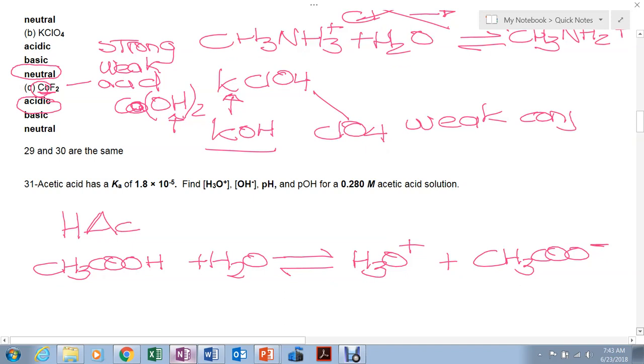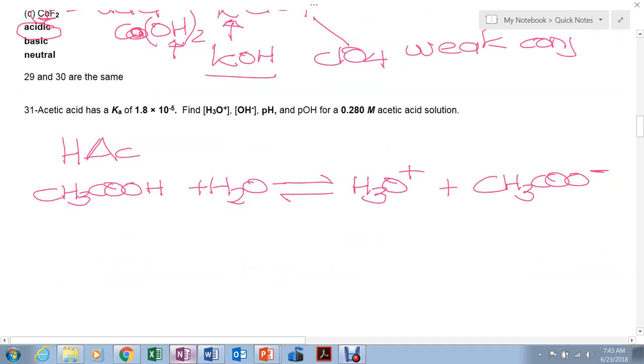Now you had to find all this. They give you already the Ka. So this ICE table, we had to do it. And then this is going to be 0.280. We had to do the quadratic equation because I already proved that this 0.280 is a big concentration.